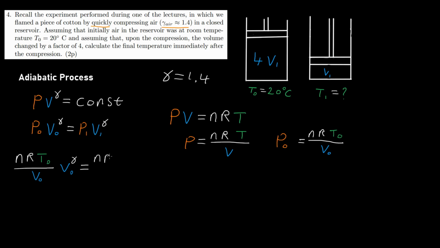So NRT1 over V1, and then we want to multiply that by V1 to the gamma.